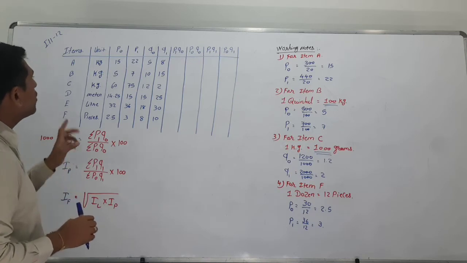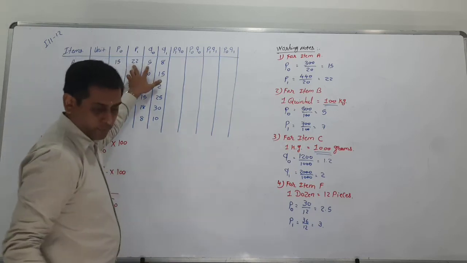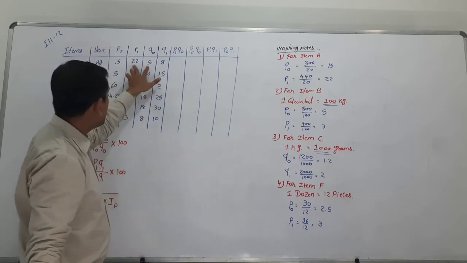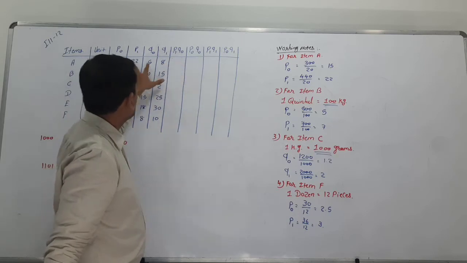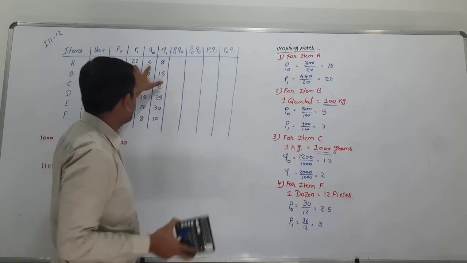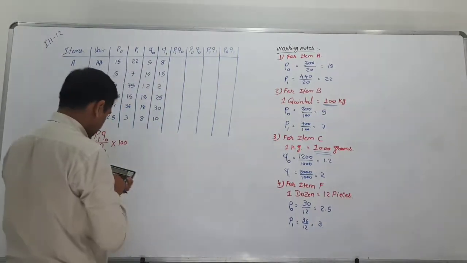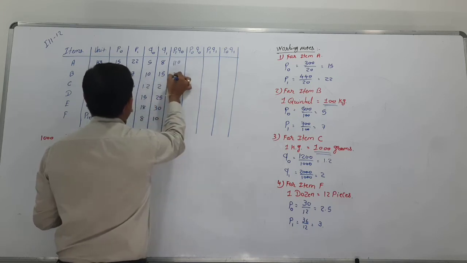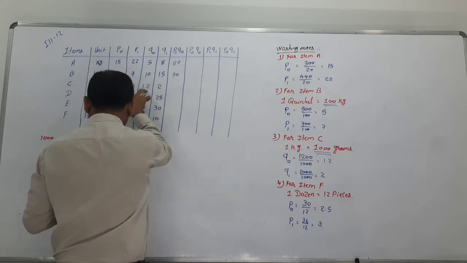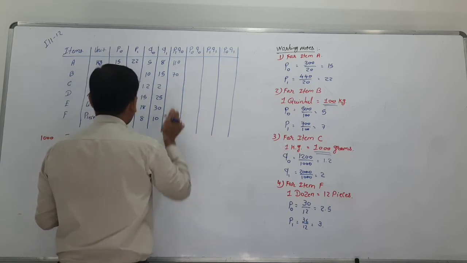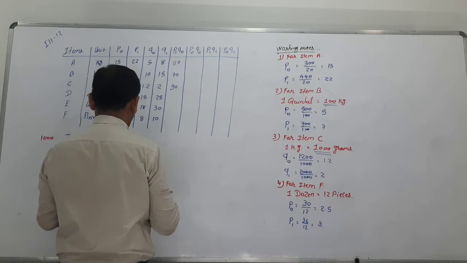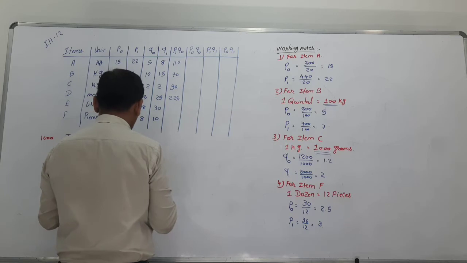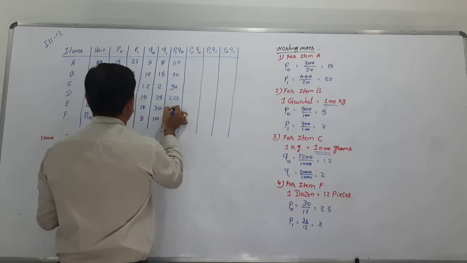Now P1 Q0, we have to multiply these two, so be careful at the time of multiplication. 22 into 5, it is 110. Then 7 into 10, 70. Then 75 into 1.2, that is 90. 15 into 15, that is 225. 36 into 18, that is 648.